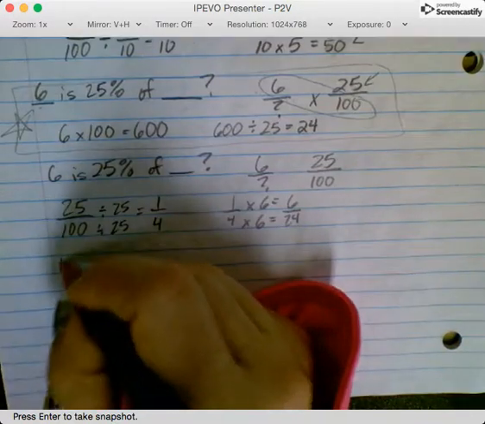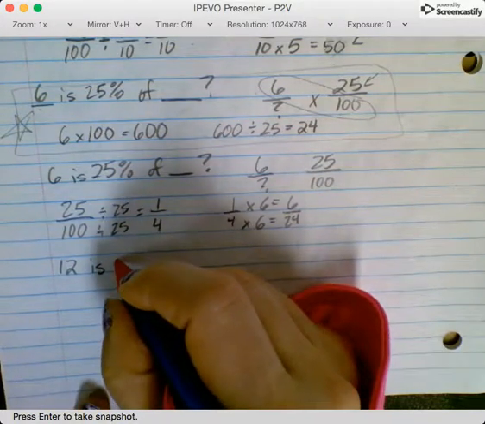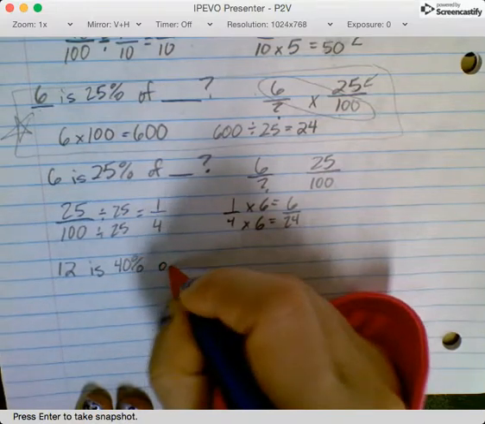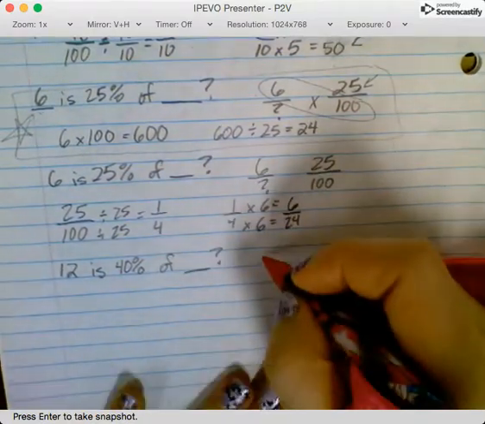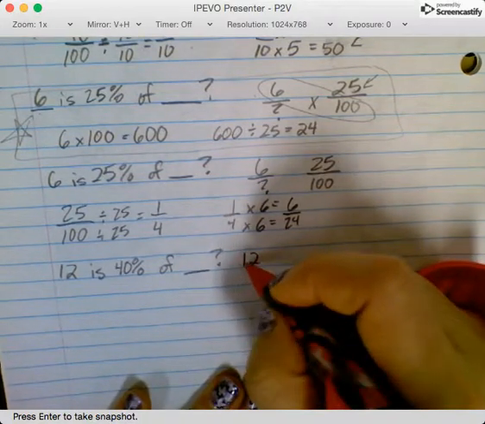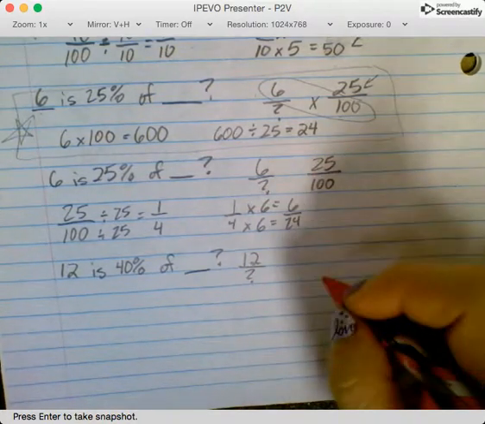So if I have 12 is 40% of, then I start with 12 over question mark. Actually, I'm going to have to stop this pretty soon.